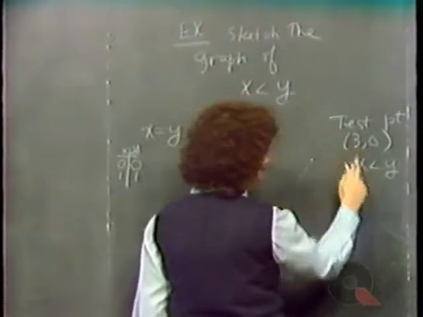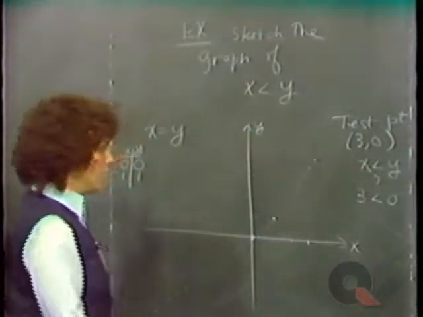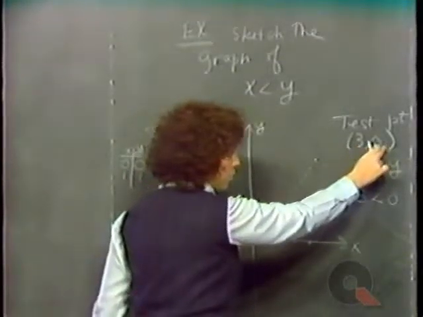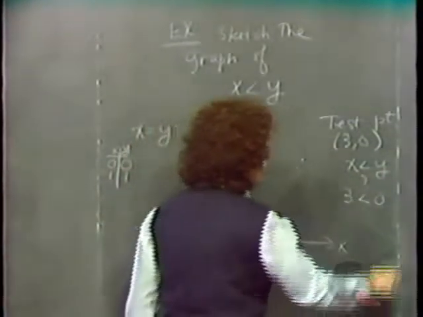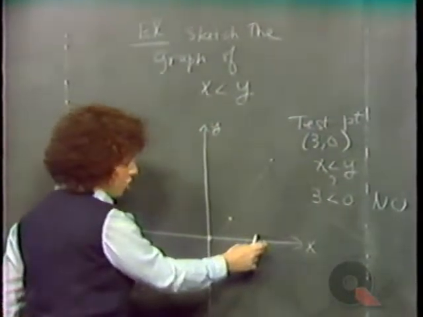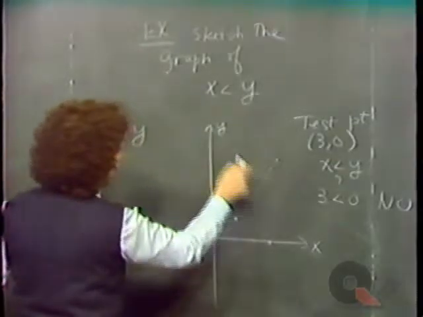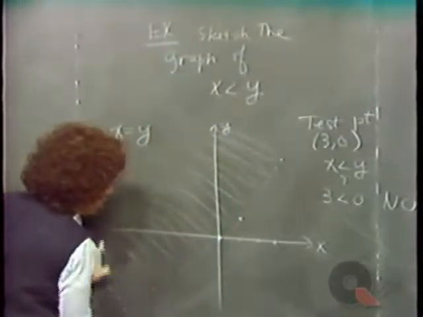Is 3 less than 0? X equals 3, y equals 0. We're substituting into this inequality. Do we get a true statement? No. Therefore, 3, 0 is not on the correct side of the line, and the solution set must be the region in here.